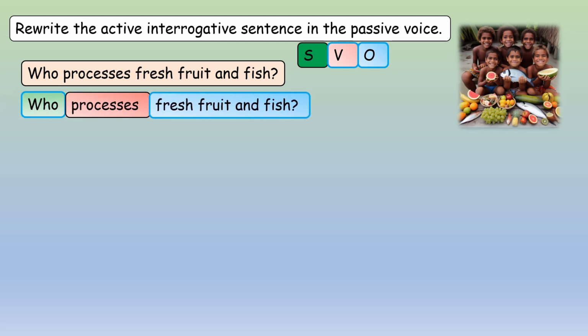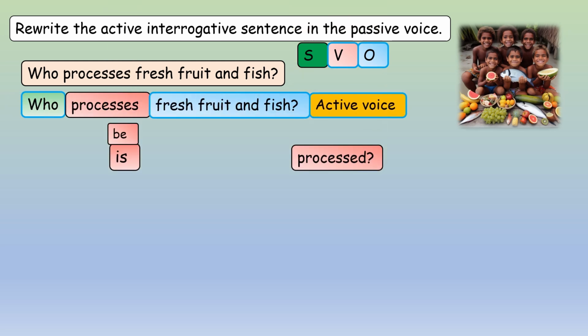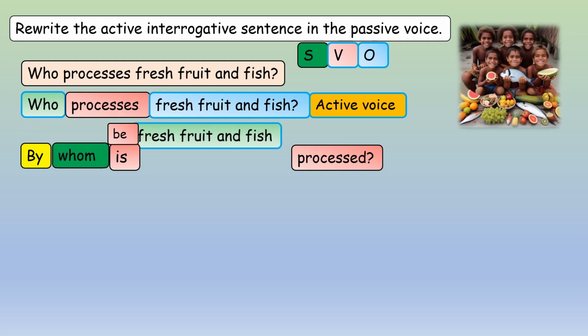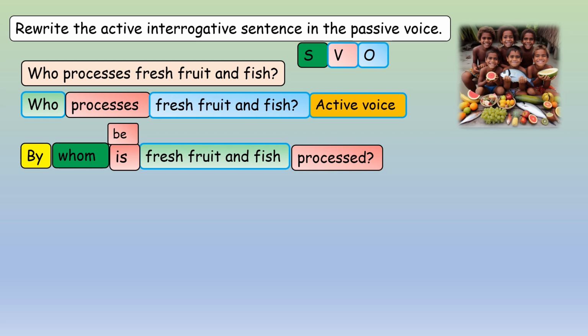And my object is fresh fruit and fish. Active voice. Let's now change this to the passive voice. Is processed is my construction there. By whom is fresh fruit and fish processed? And that's our passive voice question.